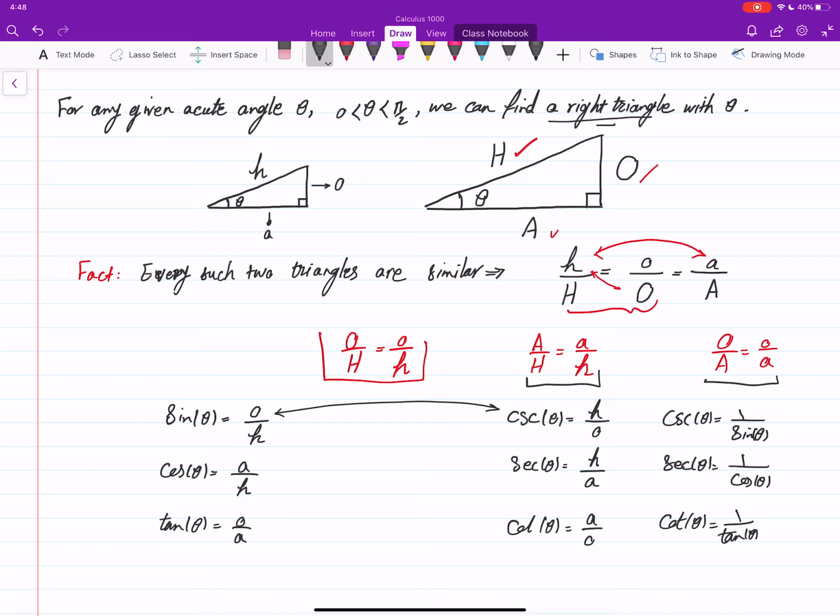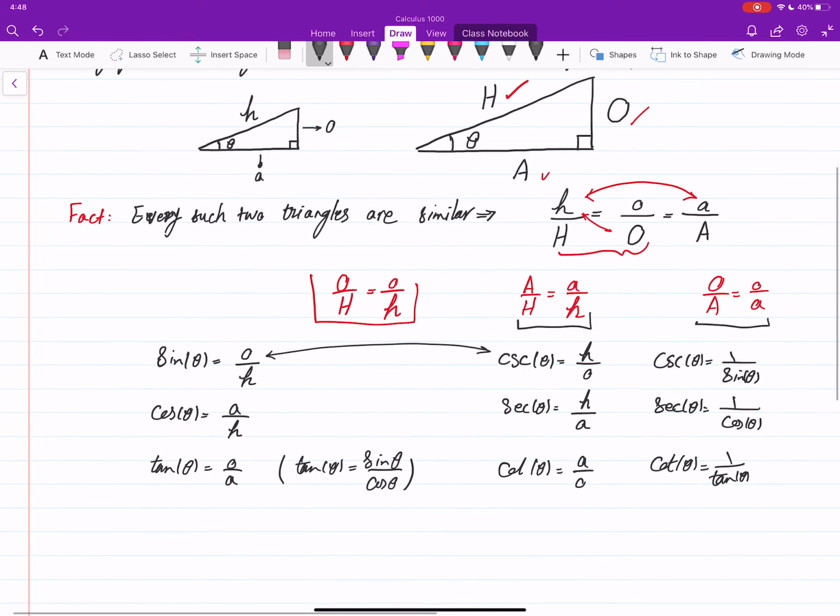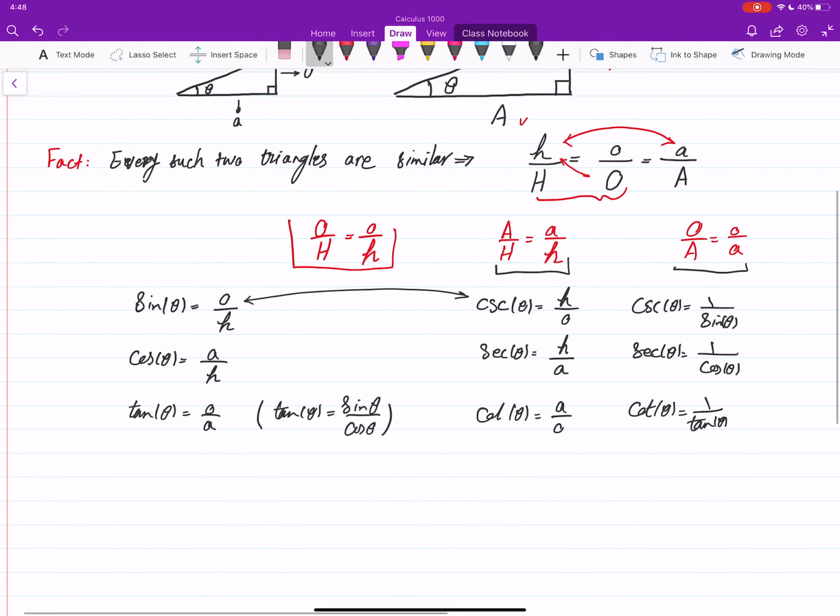Also, you can see that tan theta is sine theta over cosine theta. And these are called trigonometric ratios. Well, they are everywhere in engineering, in math, and in all the world.